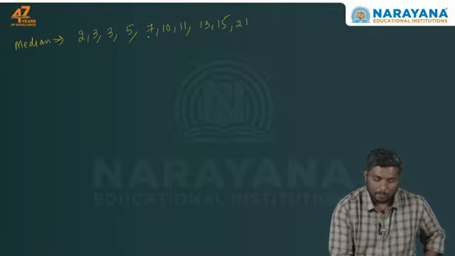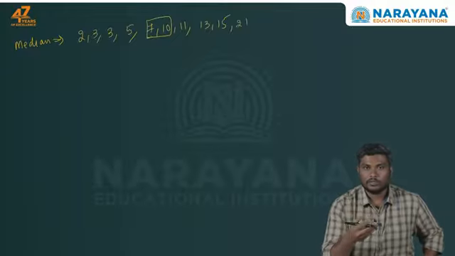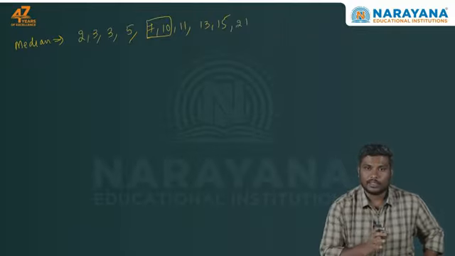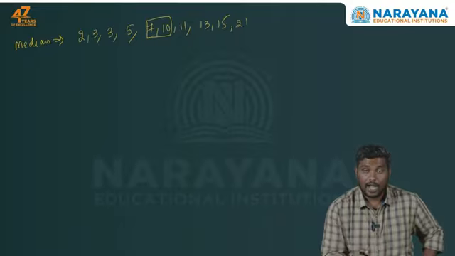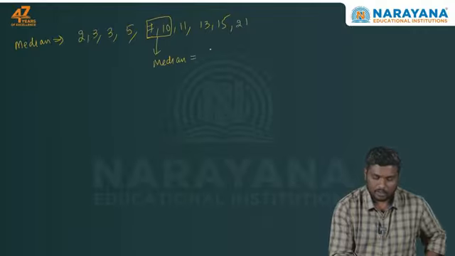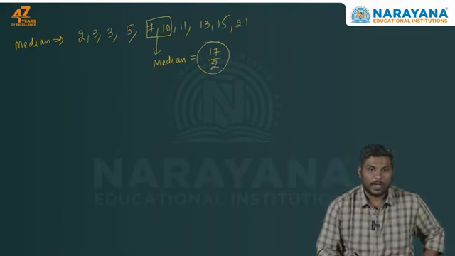It will be the mean of the two middle terms. When the number of observations is odd, you can take the (n plus 1) by 2 term as the median. But here, since the number of observations is even, take the mean of the middle two, so median is equal to 17 by 2.